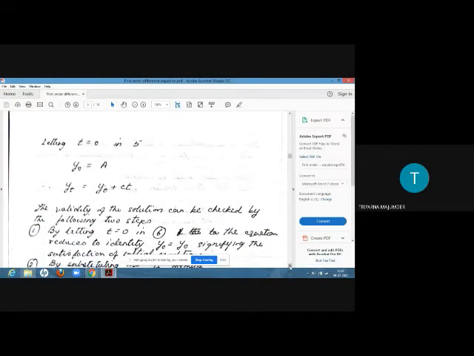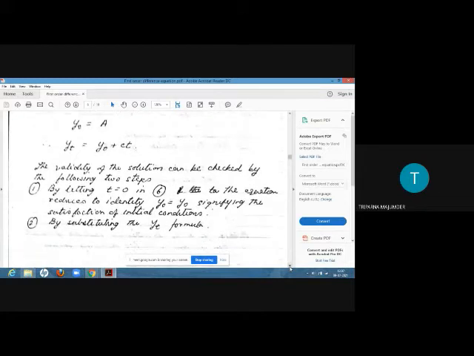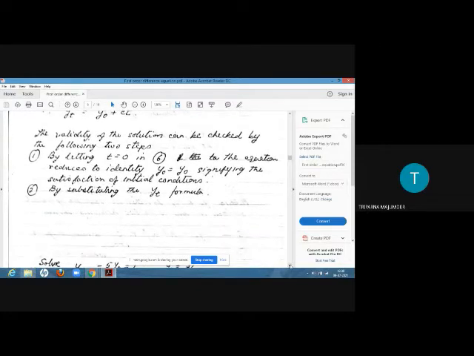Now, the validity of the solution may be checked by the following two steps. That is, by letting t is equal to 0 in the solution, and the equation reduces to the identity y0 is equal to y0, signifying the satisfaction of the initial conditions, or by substituting yt in the formula.